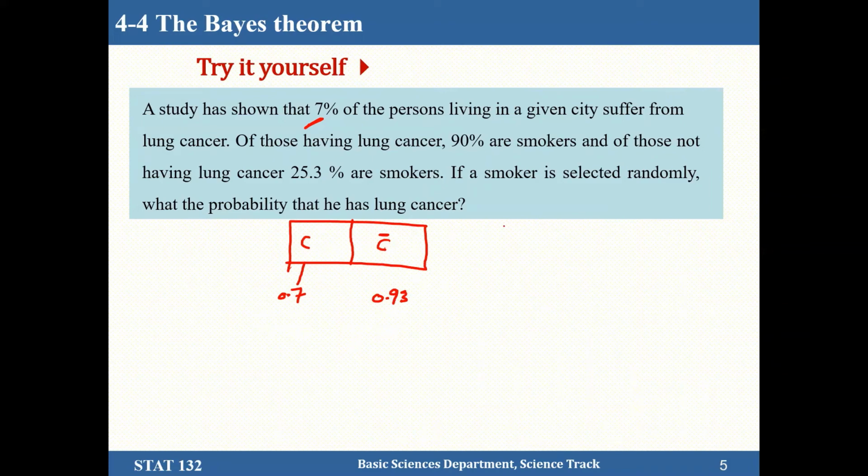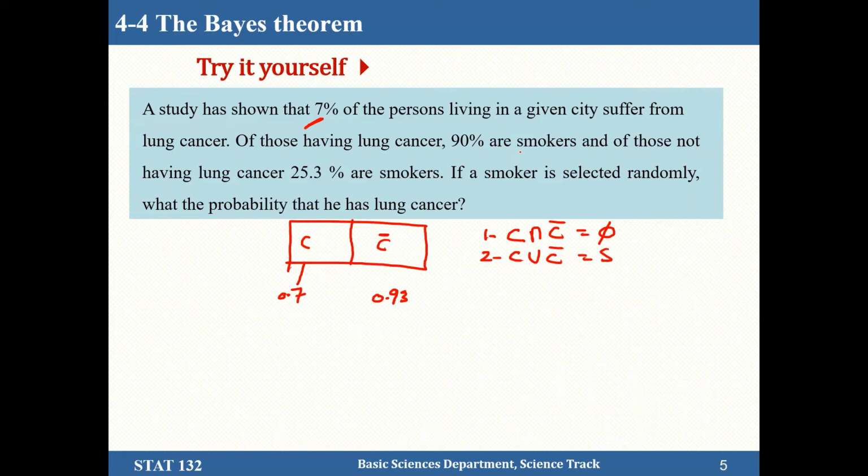Of course, C intersection C complement is empty, so condition 1 is satisfied. Condition 2 is C union C complement equals S. So this city consists of people suffering from lung cancer or not.